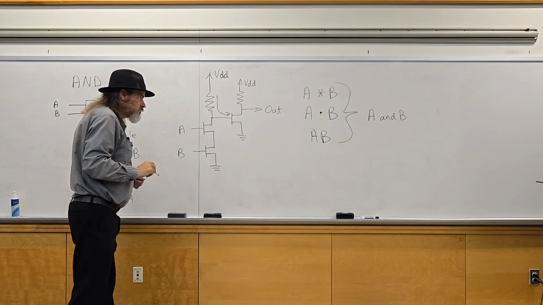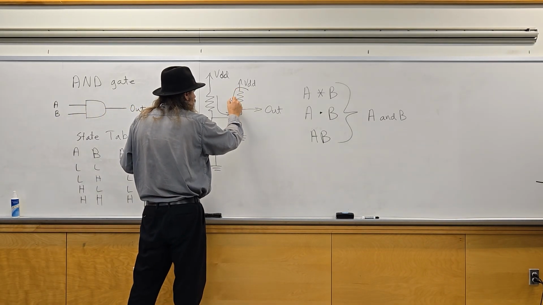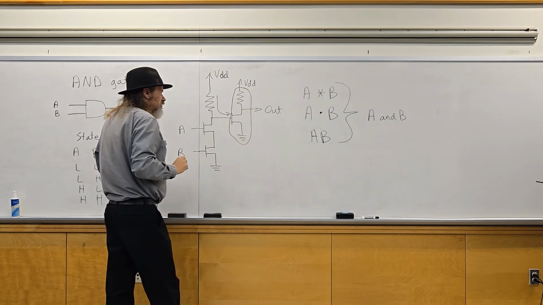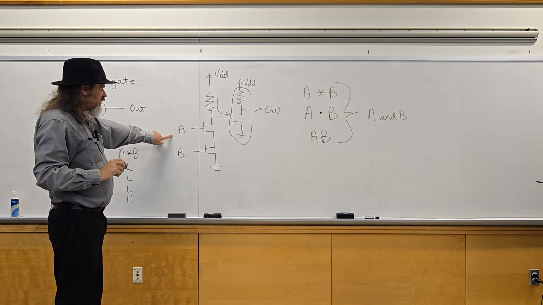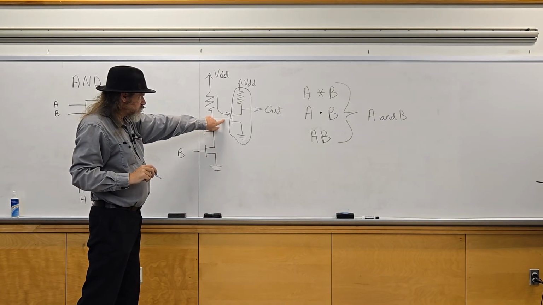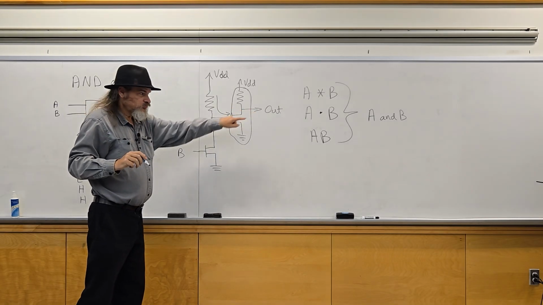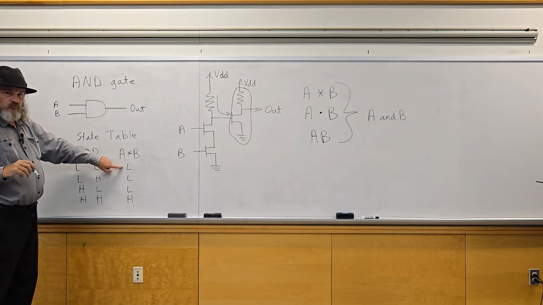Okay? This, if you recall from last time, is an inverter. So if both these are low, the output here would be high. Then you have to invert it to make it low, to match up with low, low, low.